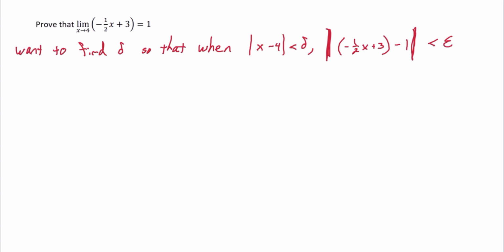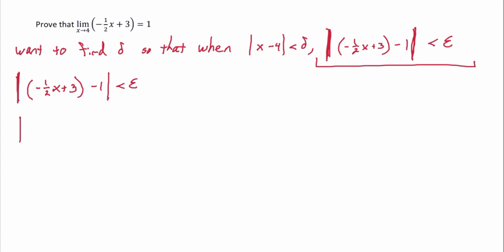So again, we're going to start with this piece here. So off to the side, we need to find delta first by looking at this piece. We'll go through the steps and clean this up a little bit.